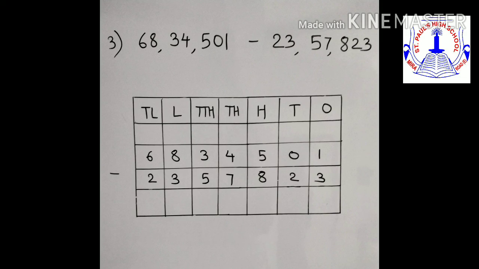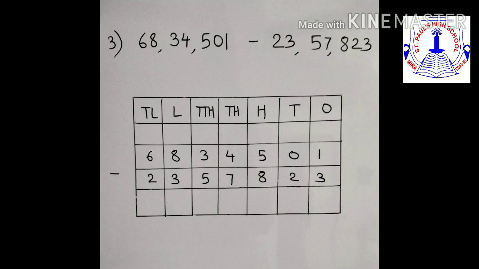As 3 is greater than 1, so we cannot subtract 3 from 1. So we have to borrow from the tens place. But students, you can see 0 in the tens place. As 0 has no value, so we cannot borrow 1 from 0.